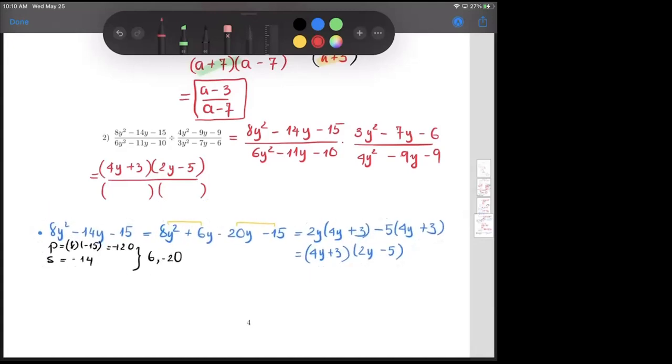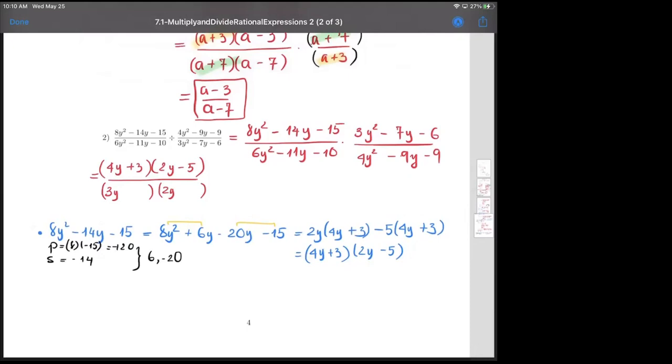Okay. So I have 6y squared. So what I'm gonna do is I'm gonna do 3y and then 2y. Usually the 2 closer in number works, right? Somebody else can do 6y and y. And then the negative 10 is gonna be negative 5 and positive 2.